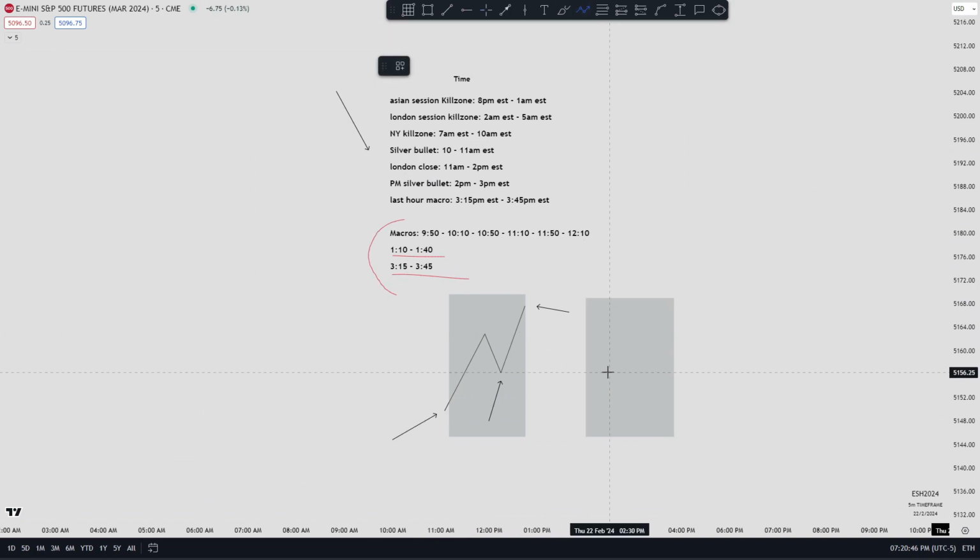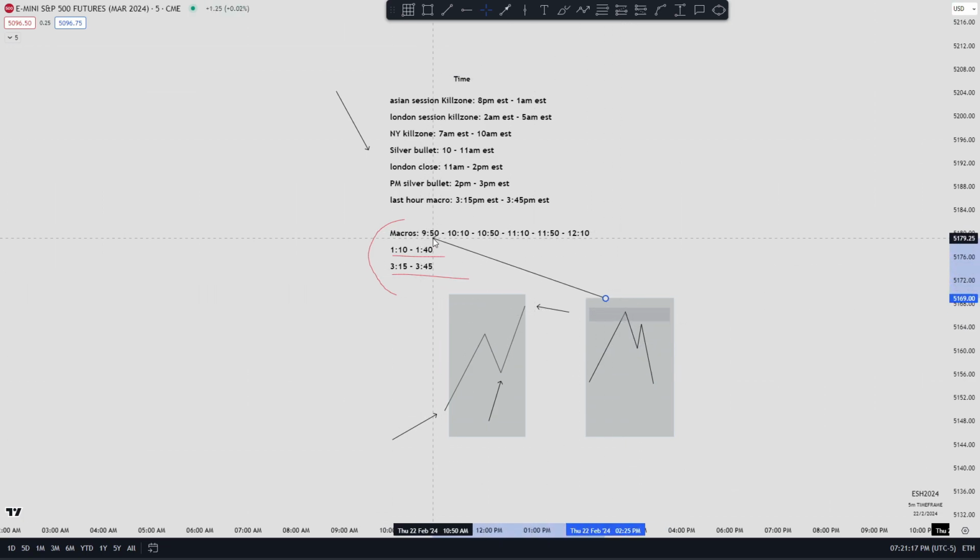Or let's say you're trading the New York session again, but the market reaches an area of resistance up here and you're anticipating some type of reversal, price rejection. You can expect the 9:50 to 10:10 macro to come up, tap into that higher time frame resistance level, and then break lower.